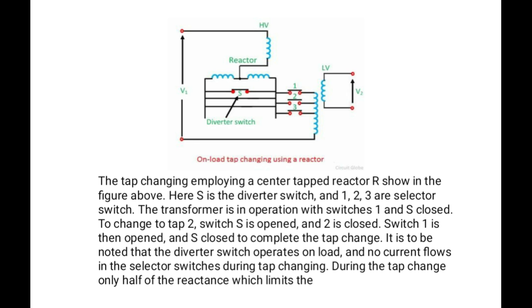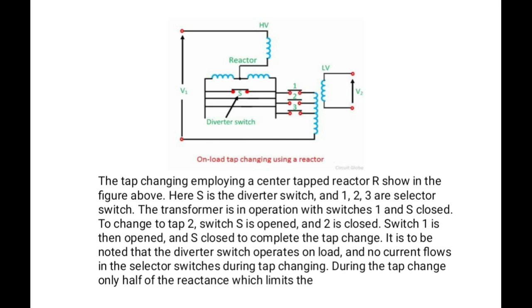So the tap changing employs a center tap reactor R shown in the figure. Here S is the divert switch and 1, 2, 3 are selector switches. So the transformer is in operation with switch 1 and S closed.